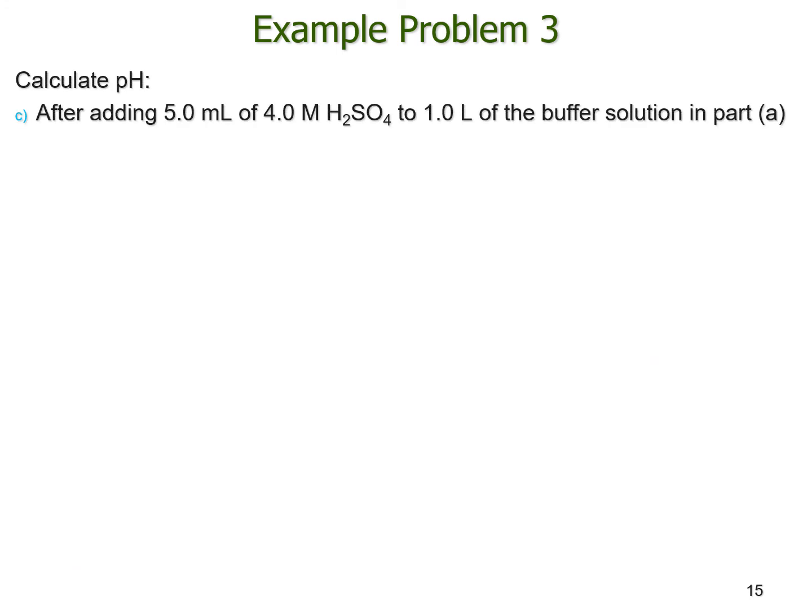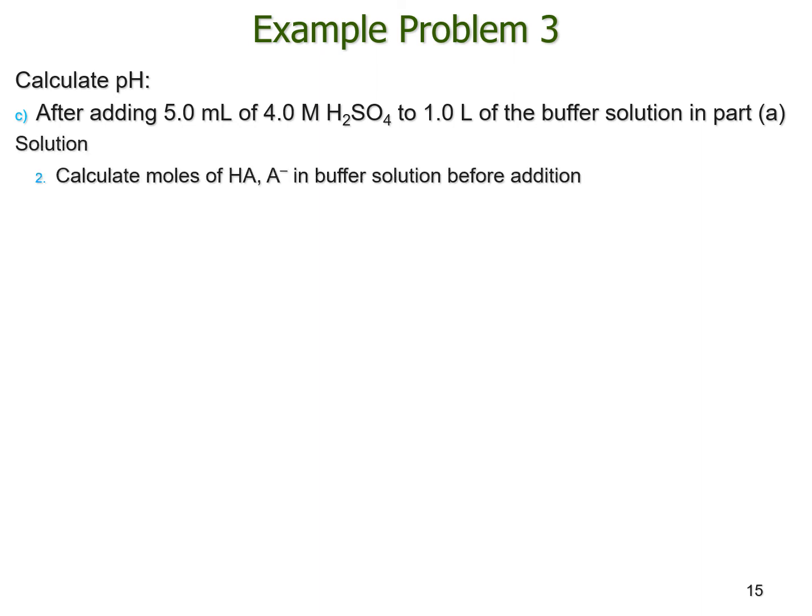All right, as the third part of the question, we are going to calculate the pH of the buffer solution if sulfuric acid is introduced. Again, we're going to calculate the moles of weak acid and weak base of this buffer solution before addition in 1 liter of solution.